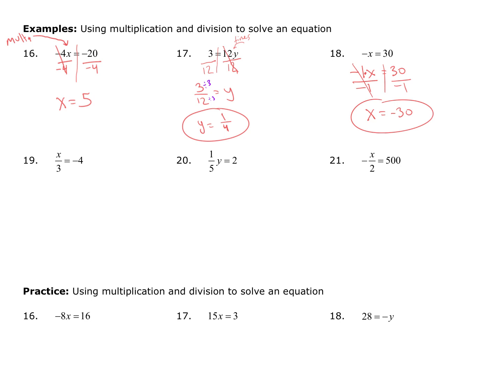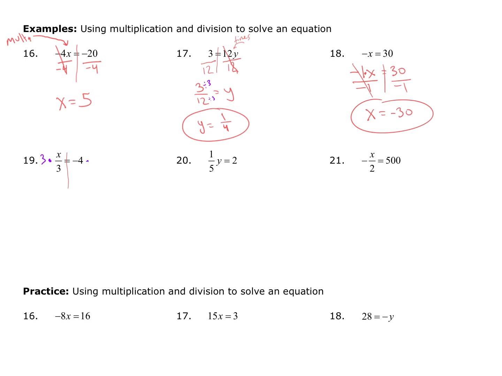Let's try some division ones now. Here we go. So for number 19, x divided by 3 equals 4. You're going to draw your line again. Now, to undo division, I need to multiply. So I want to put a multiplication dot to the left of the fraction bar, and then I'm going to put a 3 there. That's more on the top than the bottom, right? So it should line up closer with the x than with the other 3.